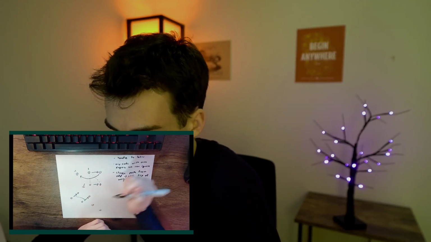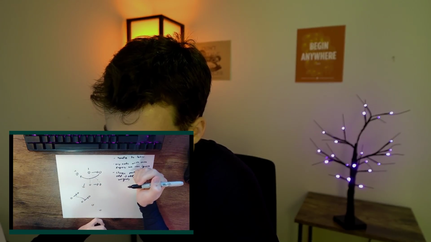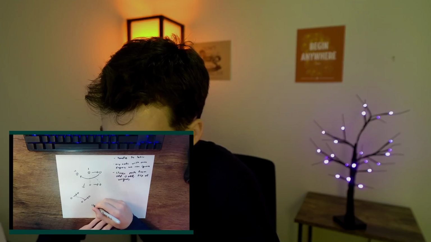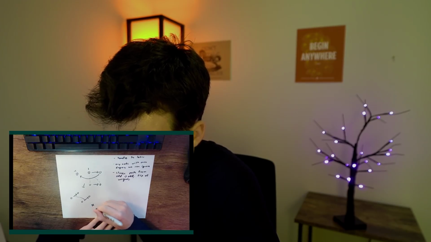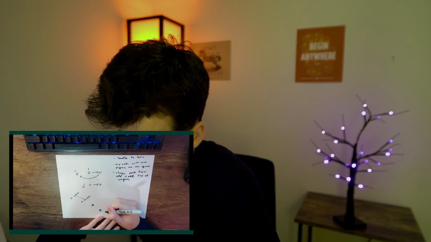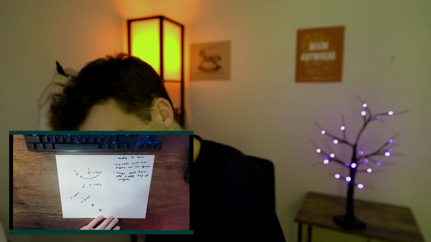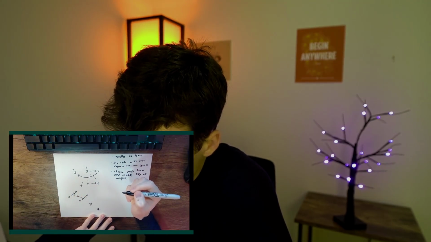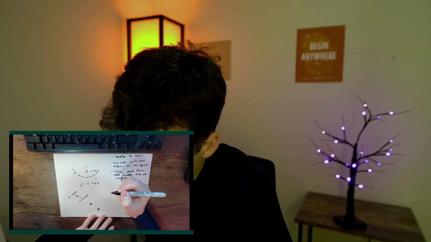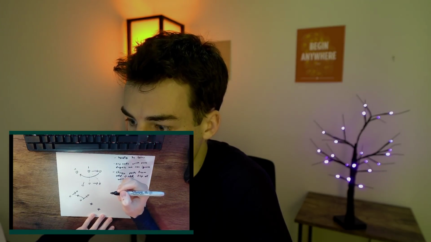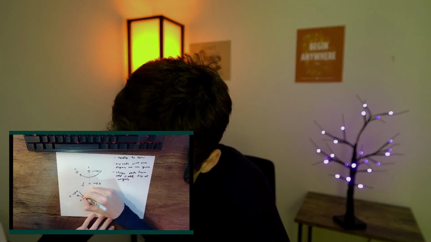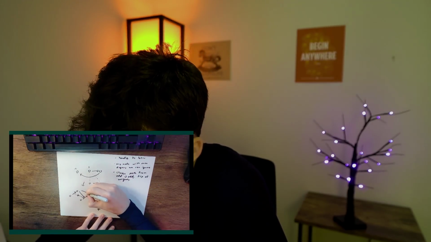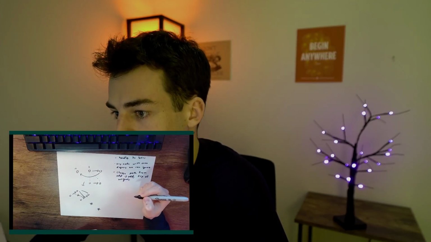Oh well, I guess this doesn't matter. All of these nodes we don't really care about, and all the nodes in the middle we also don't care about. If it's something like this, we care about half of it. And if it's something like this, we care about both parts.